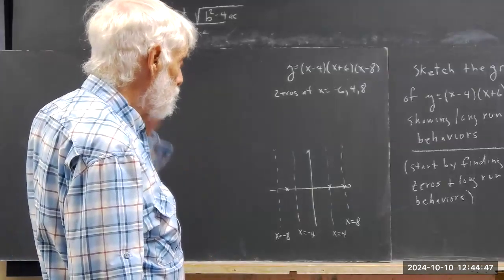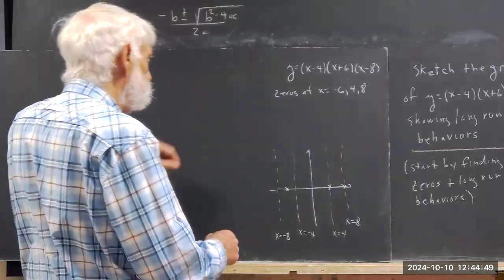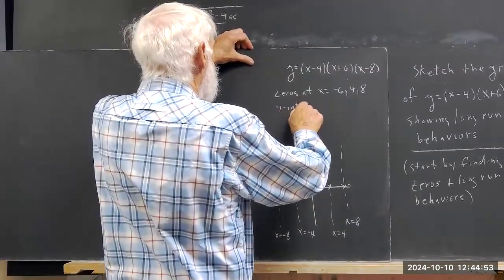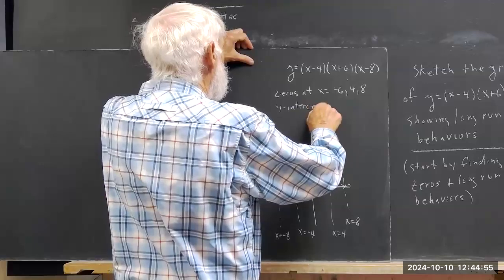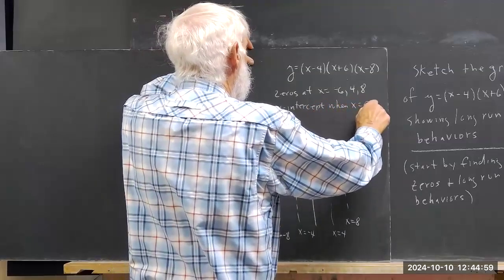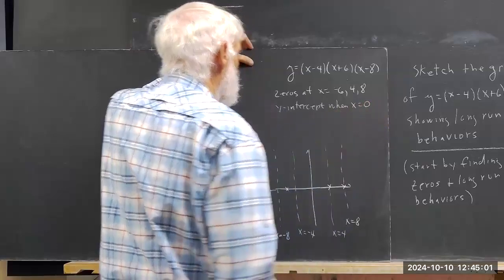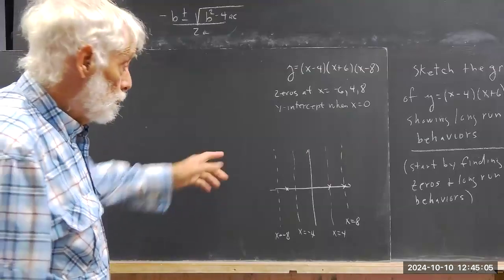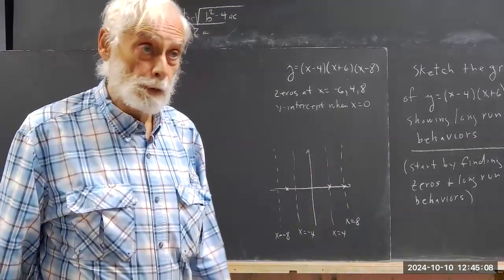Now, if we're going to graph this thing, the y-intercept occurs when x equals 0, right? I don't know if you did that, but that's something you always do when you're graphing these.